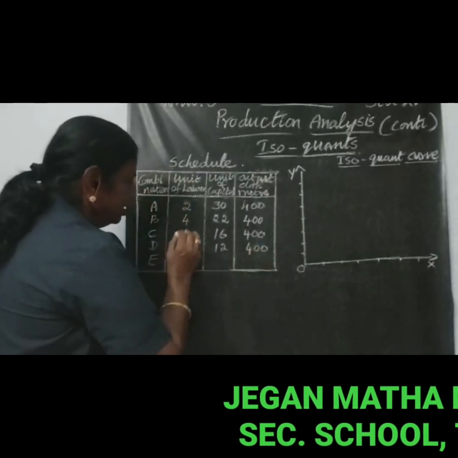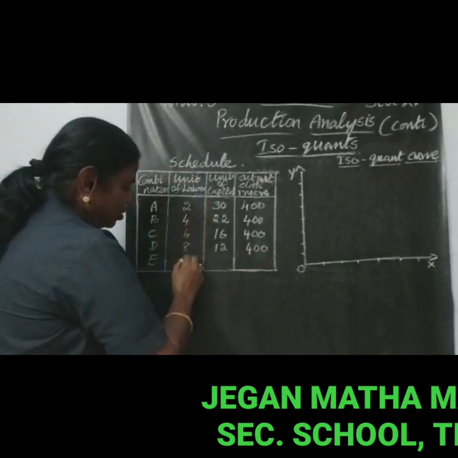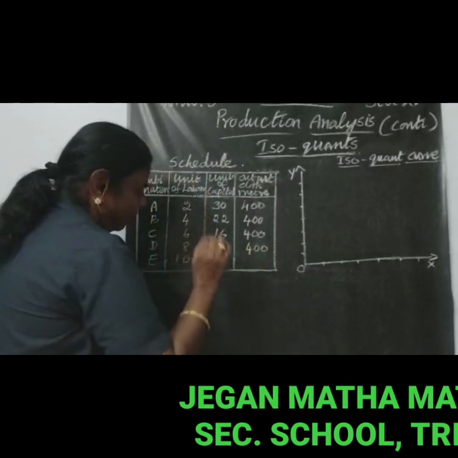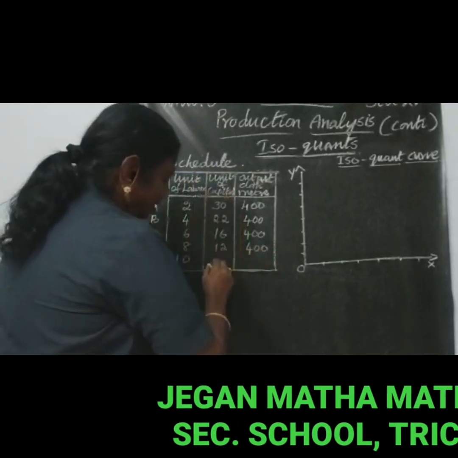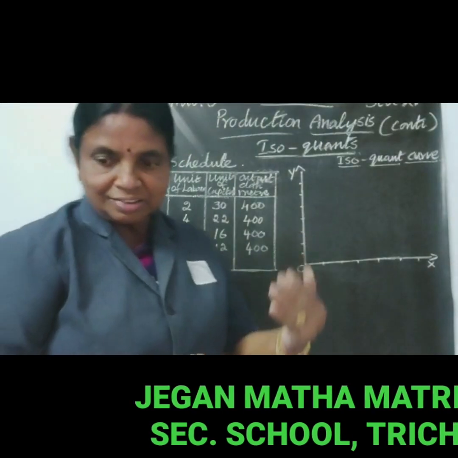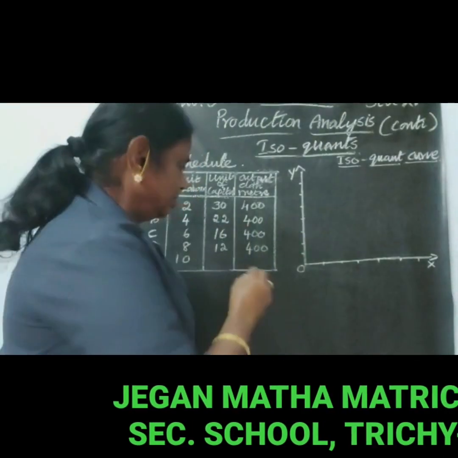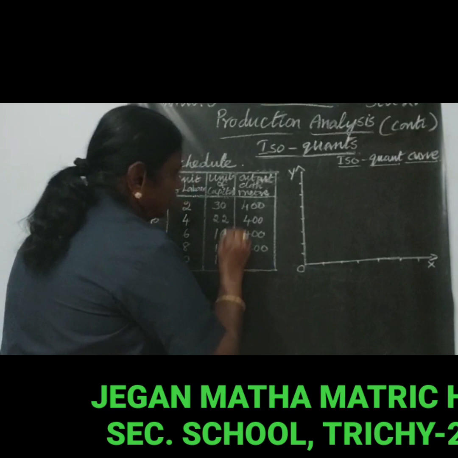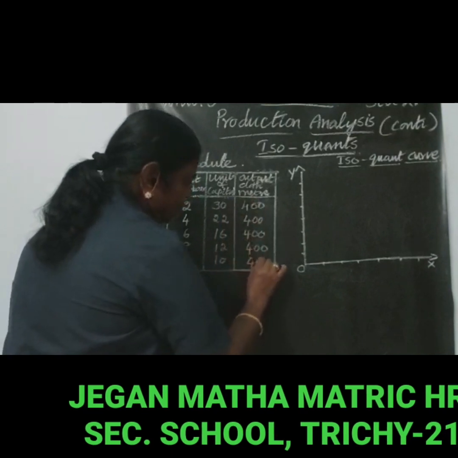And E: unit of labor increases 2 more to 10 and unit of capital has reduced to 10, but equal output, 400, is given.